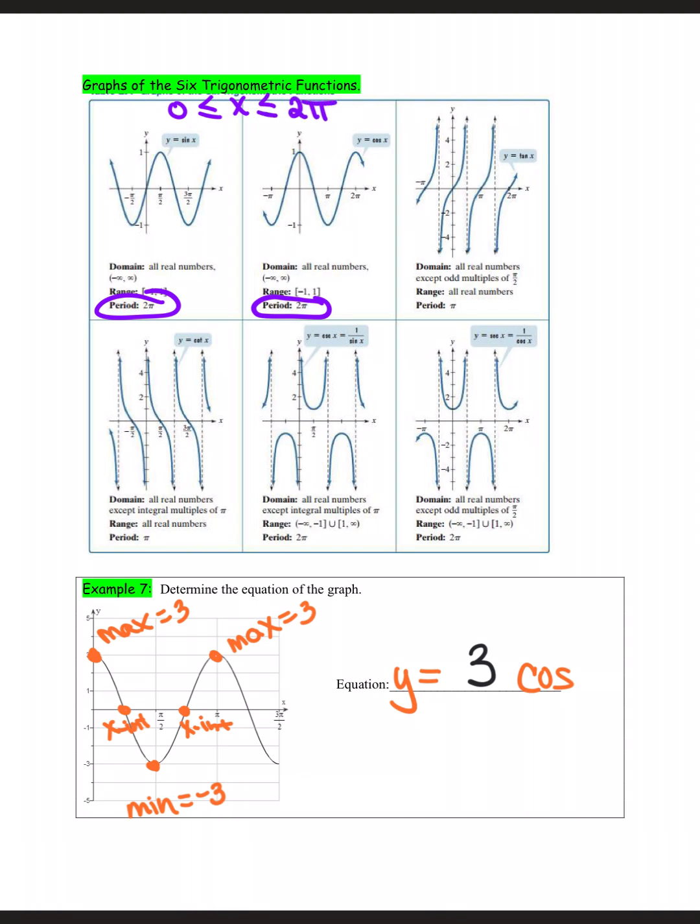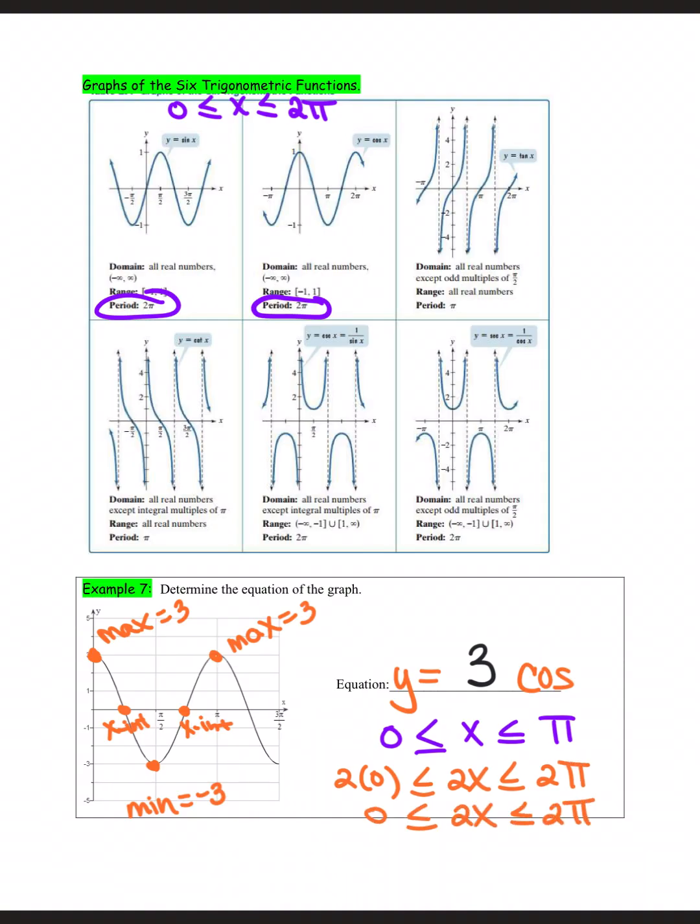So we need to get it to be 0 on the left and 2 pi on the right. This particular one goes from 0 to pi. So in order to get 2 pi, we're going to multiply everything by 2. So my argument here is 2x.